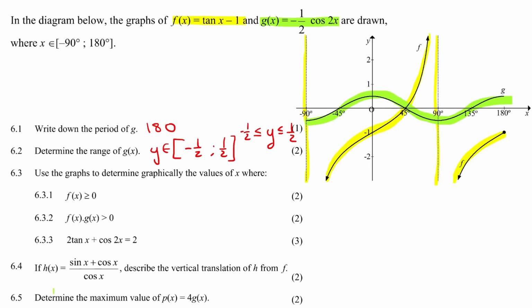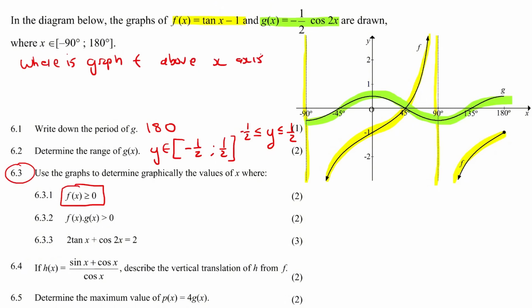Now it says, use the graphs to determine graphically the values of x where f is above the x-axis. What that means is, where is graph f above the x-axis? But they also said and equal to.